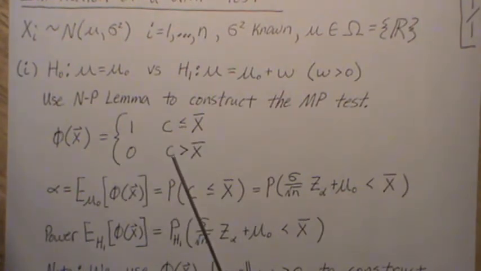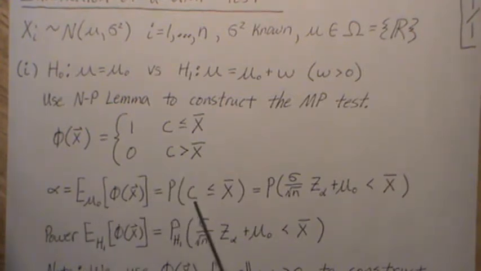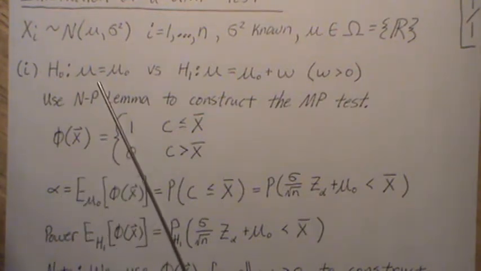Now c is determined by the expected value under the null hypothesis, assuming it's true. So mu is assumed to be mu naught in this.